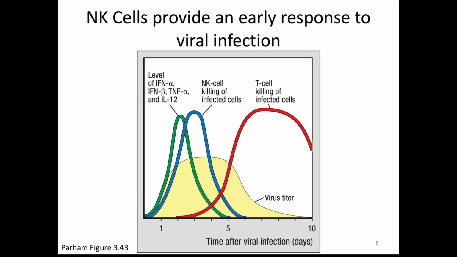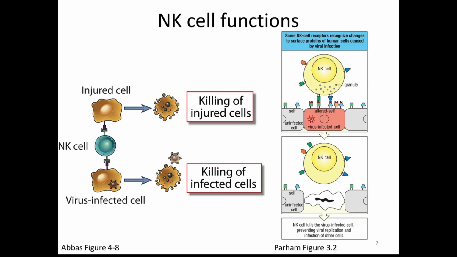We can also think a little bit about the function of NK cells. If you had to guess from their name, you already get a fair amount of understanding of their function: NK stands for natural killer, and NK cells kill stuff.